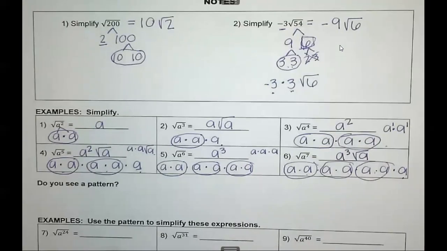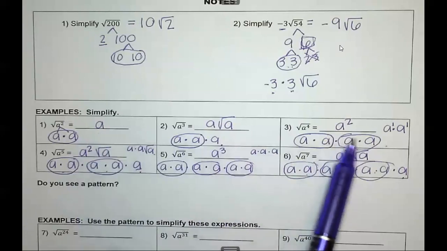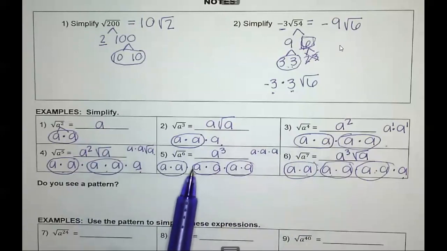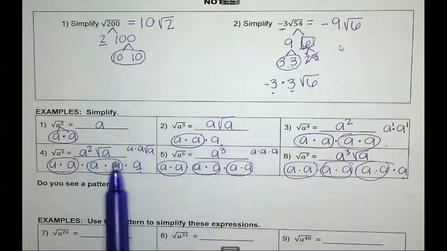So then they ask if we see a pattern in examples 1 through 6. So we have 2 types of answers here. We either had an a to some power all by itself, like on numbers 1, 3, and 5, or we had some a to some power with a square root tagged on the end, like numbers 2, 4, and 6.